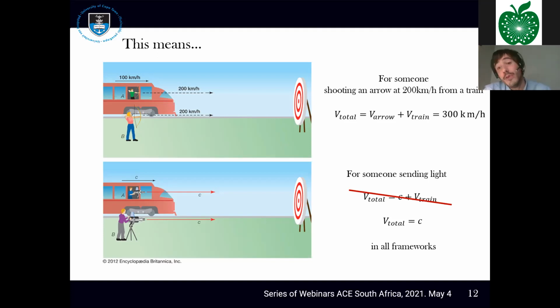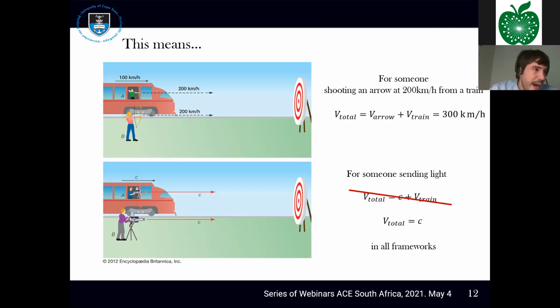But as I told you, the discovery in electromagnetism was independent of the observer. So that means that both observers are going to measure the speed of light. So the value for the speed of light is the same in all the possible frameworks.